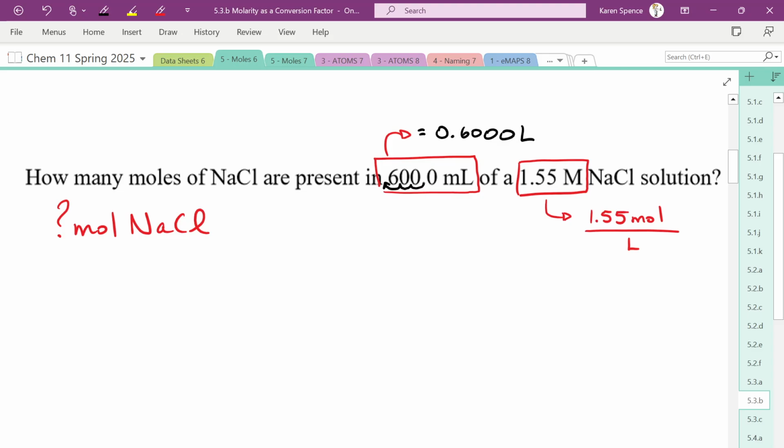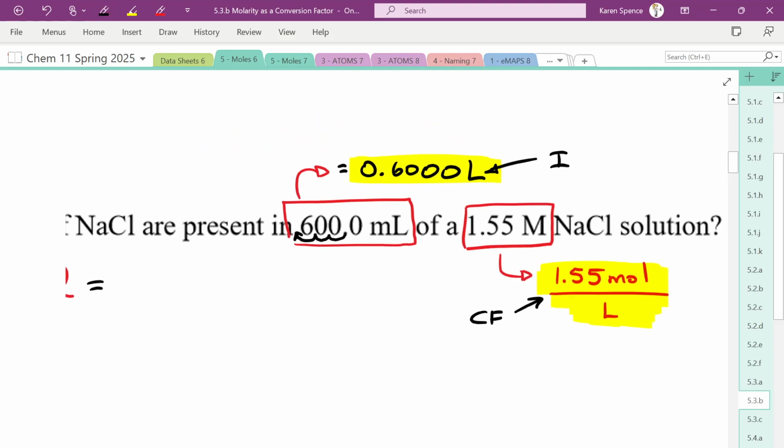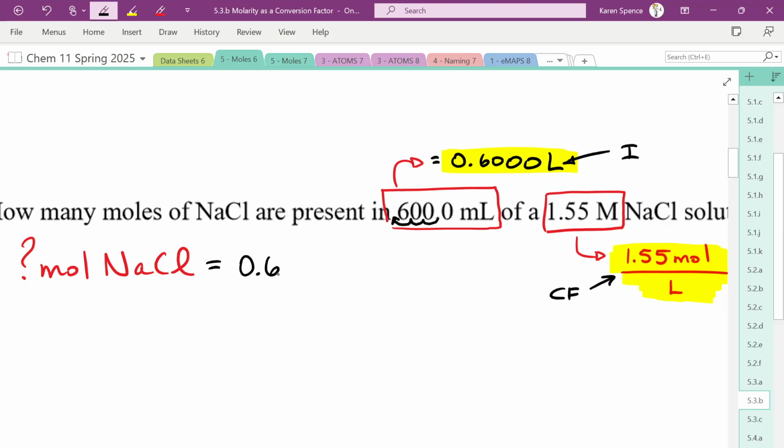So we have two numbers: 0.6 liters and 1.55 moles per liter, and we want to find the moles of NaCl. Which number should I write first? What is my initial quantity? Your initial quantity is 600 milliliters. This one is my initial quantity, and this one is my conversion factor because it has a number on the top and the bottom. So I write my initial number first, 0.6000 liters, times my conversion factor.